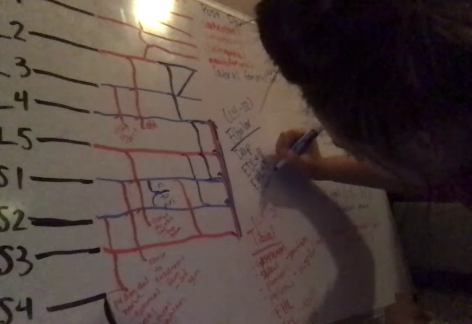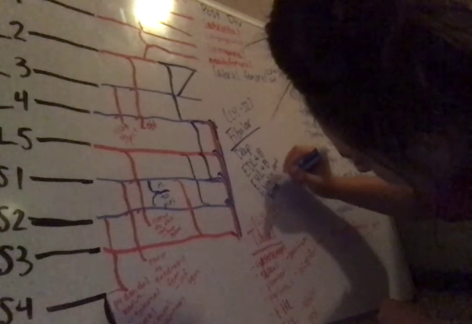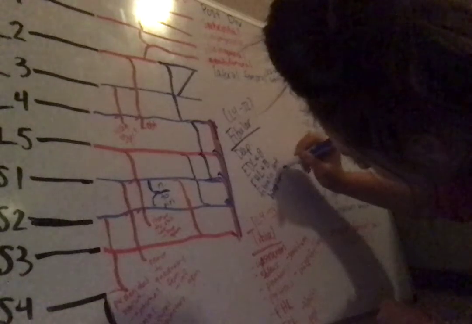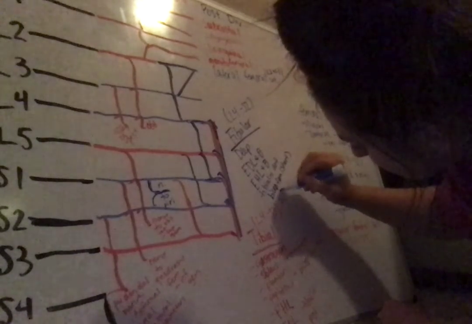And then we've got the tibialis anterior, the biceps femoris short head, and the fibularis tertius.